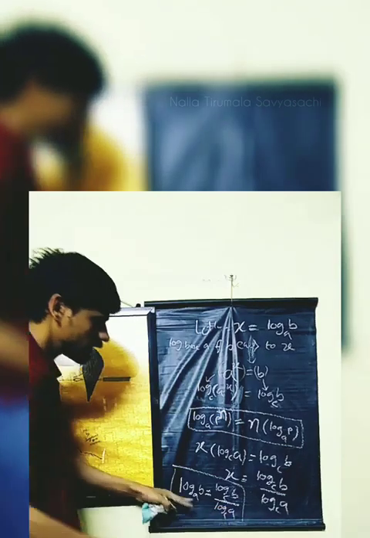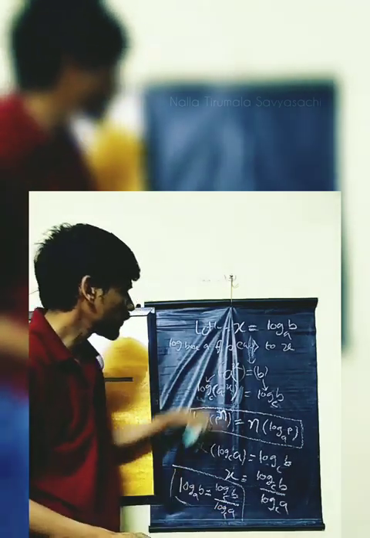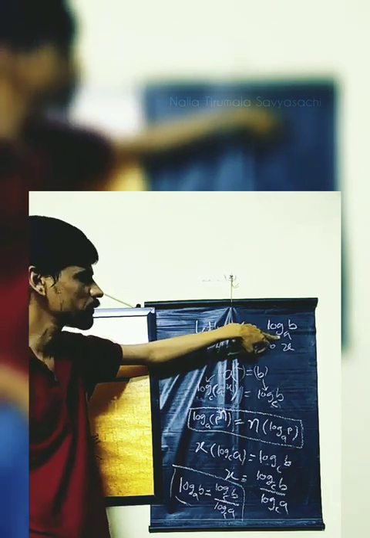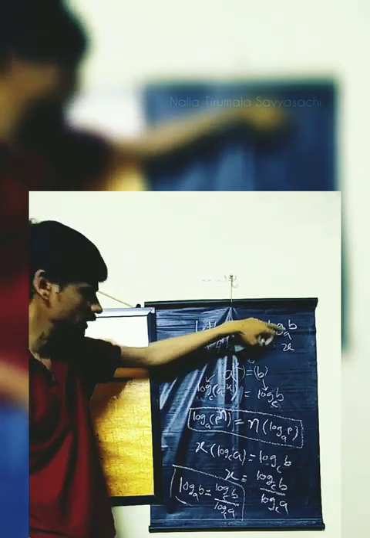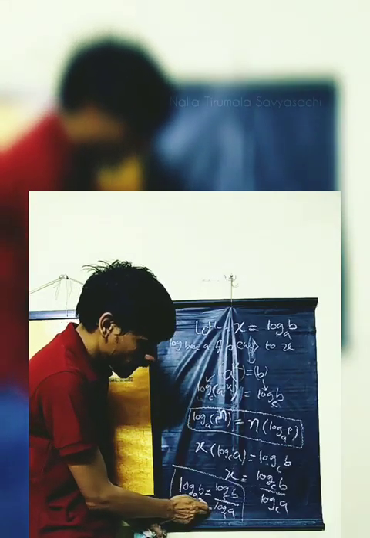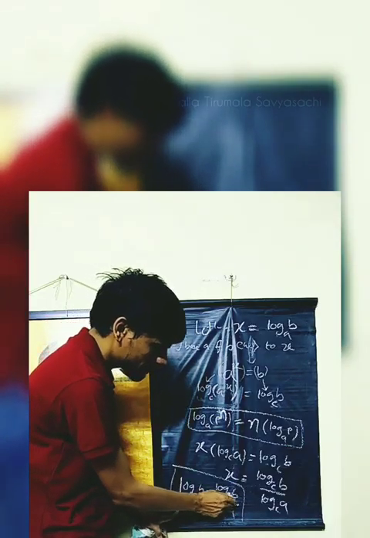See what exactly we achieved here. To calculate this we needed to know the base a, but even though the base is a, we are able to do it with another base c.